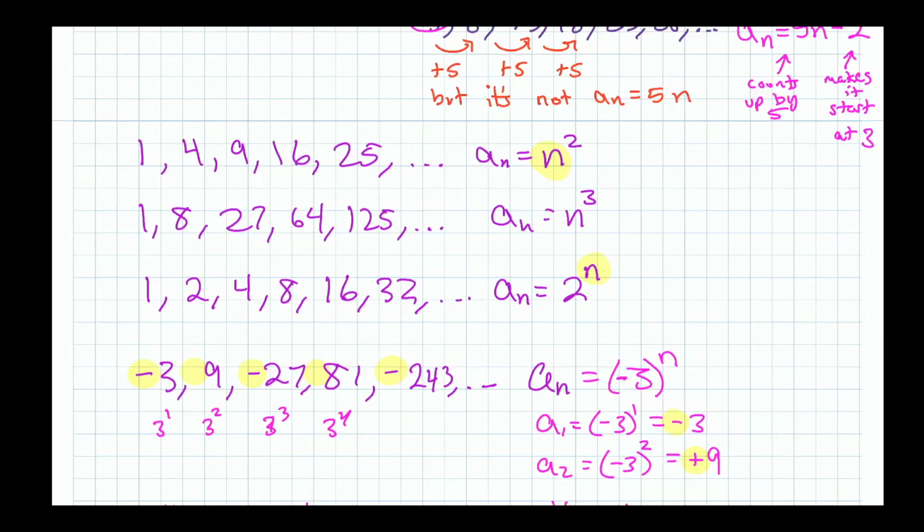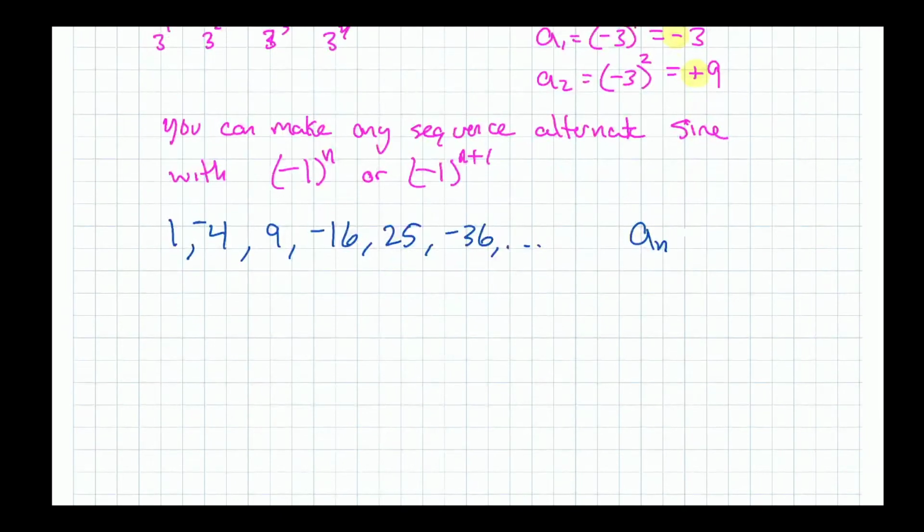We've seen that already up here. It's just n squared. But n squared is not going to go plus minus plus minus plus minus. So the way you make it go plus minus plus minus is with one of these guys.